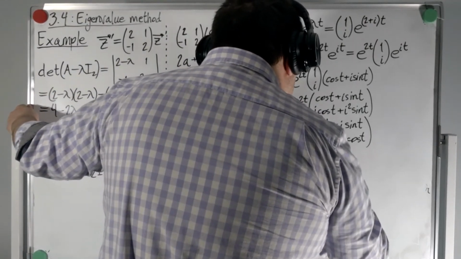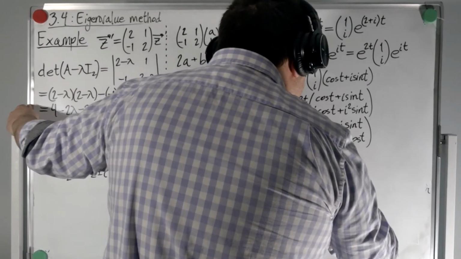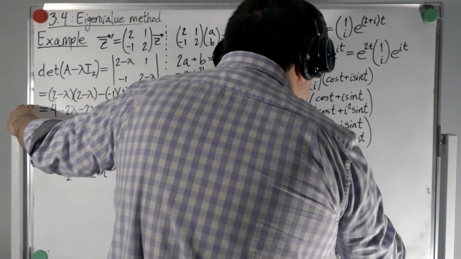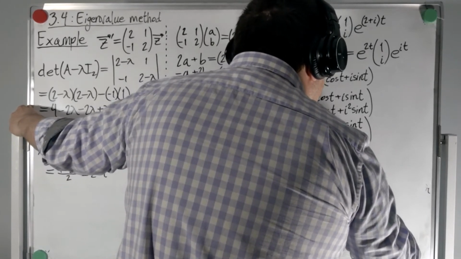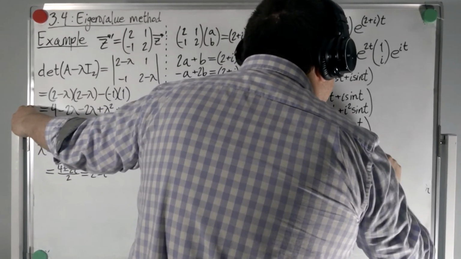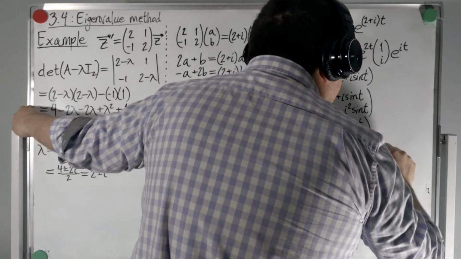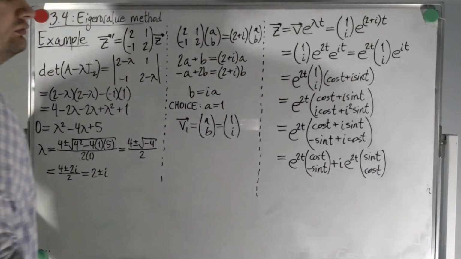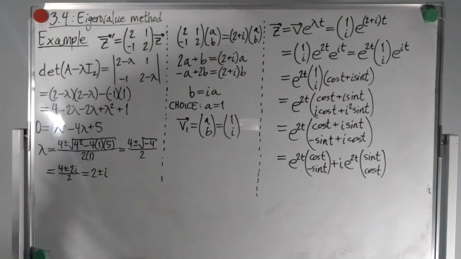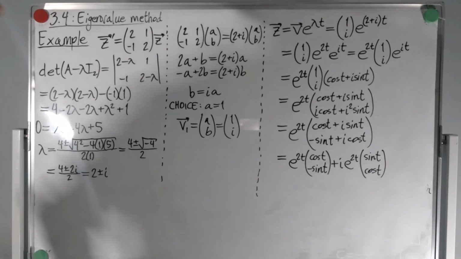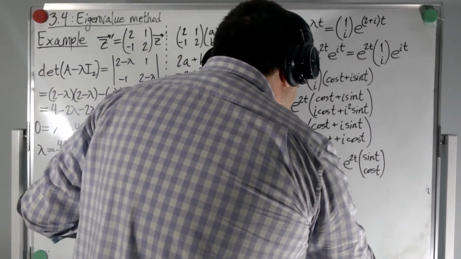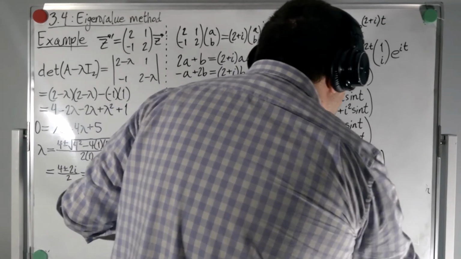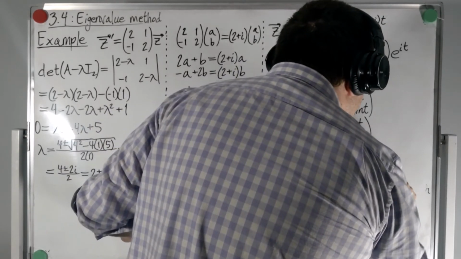So this is e to the 2t times (cosine t, negative sine t) plus i times e to the 2t (sine t, cosine t). And now, just like with linear homogeneous ODEs with constant coefficients, the real and imaginary parts individually form our basis solutions.